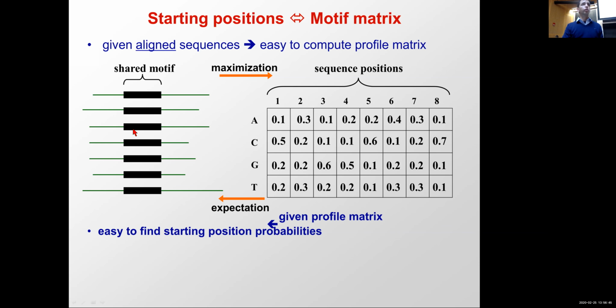And that works to your advantage. So after a few iterations, you end up with more of your starting positions falling where the enriched motifs are. Is everybody with me here on the intuition behind expectation maximization, or EM, and the intuition as to why it would even work?